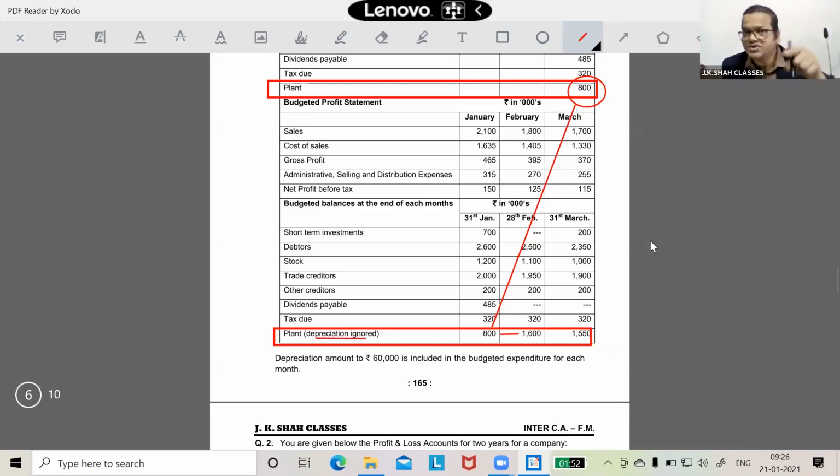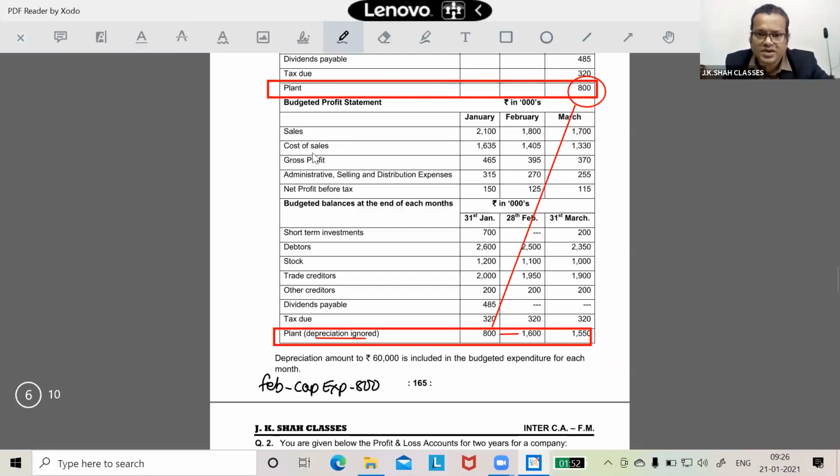Will this not increase because of purchase? Correct? This will increase simply because of purchase. So can I say in February we're going to make a capital expenditure of 800? Correct, people? Do you agree with this conclusion?